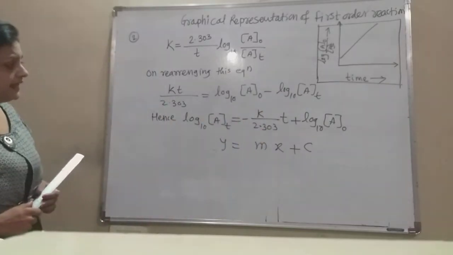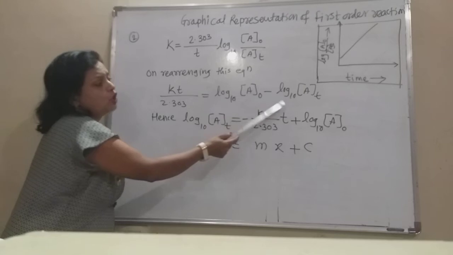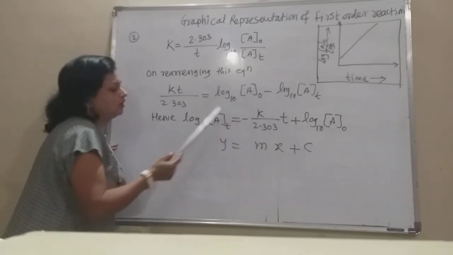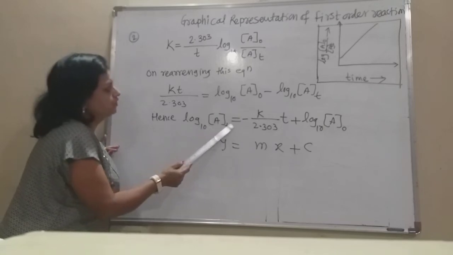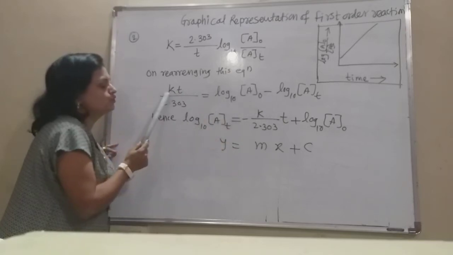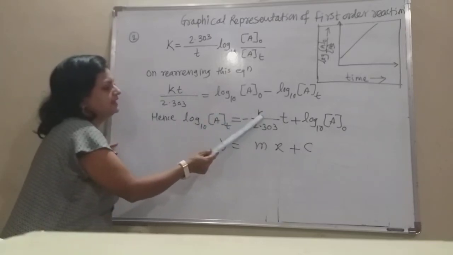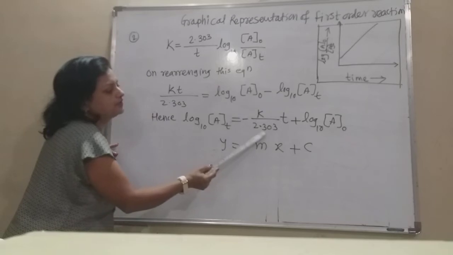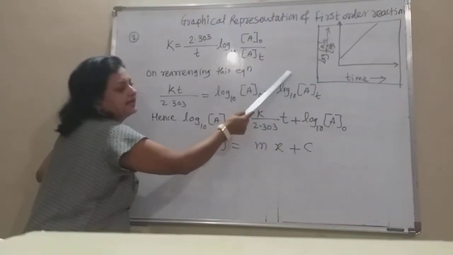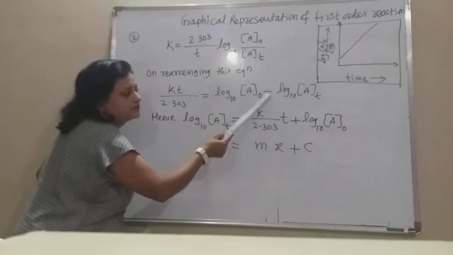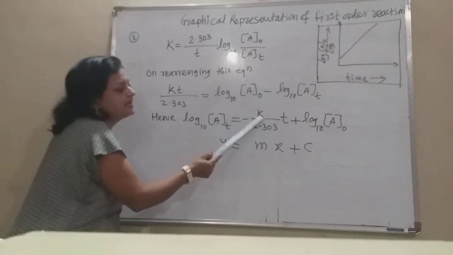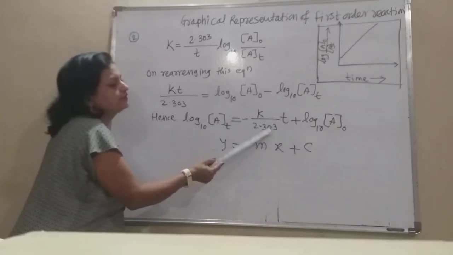Now take this quantity, log of At, to the left hand side. What does it become? Log of At is equal to, now the negative sign of this At goes to here, minus K into t upon 2.303. Suppose this log to the base 10 of At remains on this side, this negative sign goes to this side, and it becomes minus K into t upon 2.303.